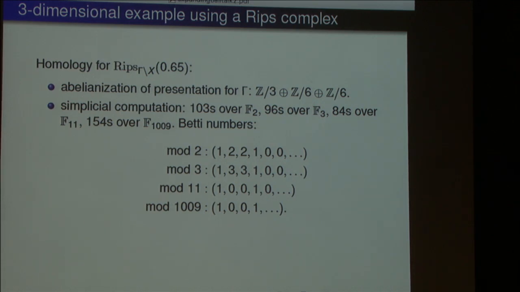Maybe that's no surprise. But anyway, the mod 2, mod 3 Betti numbers look correct. They're consistent with the abelianization of the fundamental group.